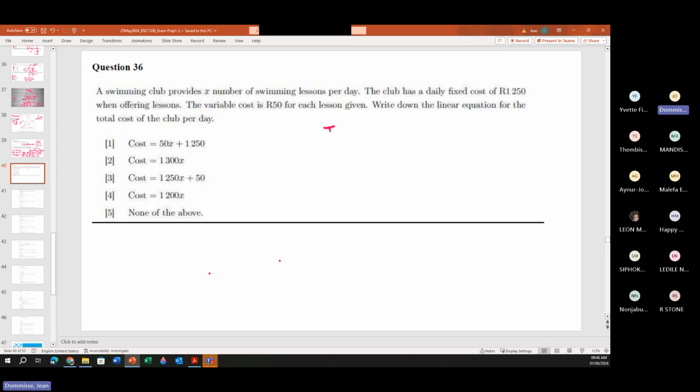Okay, so total cost is equal to fixed cost plus variable cost. So that's always the important thing. So it said fixed cost of 1250 plus the variable cost of 50 Rand per lesson, so 50x.